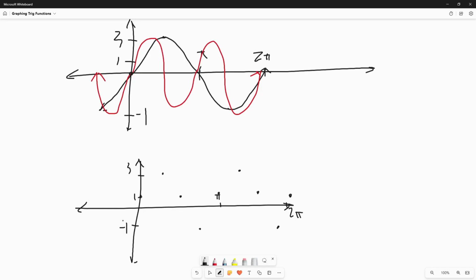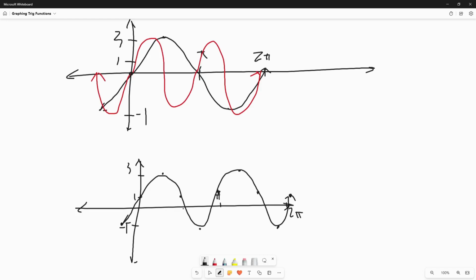Let's just put another value right here, just so it crosses the axis. So this is what the final graph looks like. Obviously it's going to be more neat. I just can't draw well with a mouse, but this is what the final graph looks like. Here is pi, here's 2 pi.